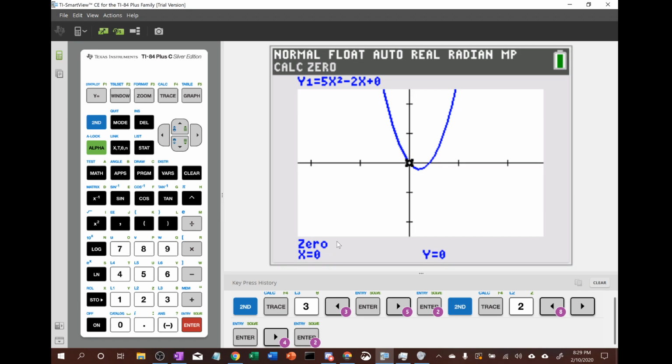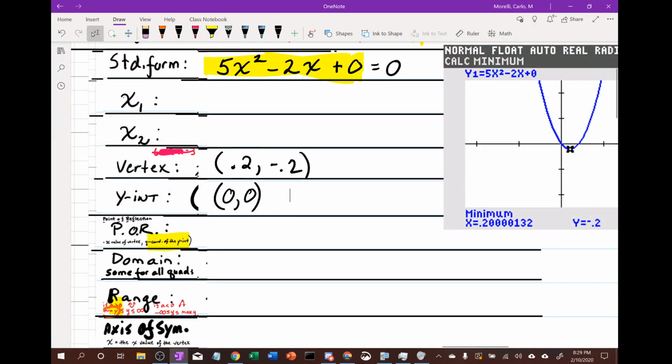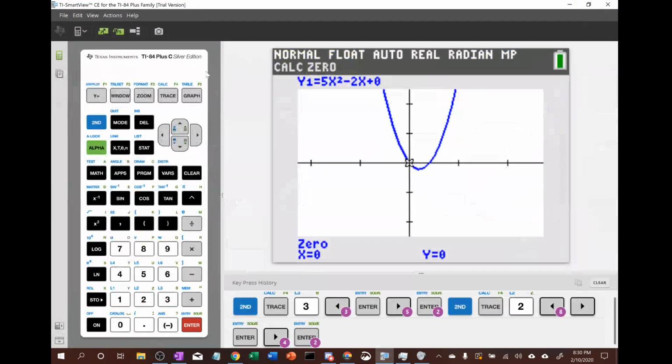The x value of my x-intercept is 0. The y value is also 0. So it's 0, 0. Now we'll find the second one. Hit second trace 2.